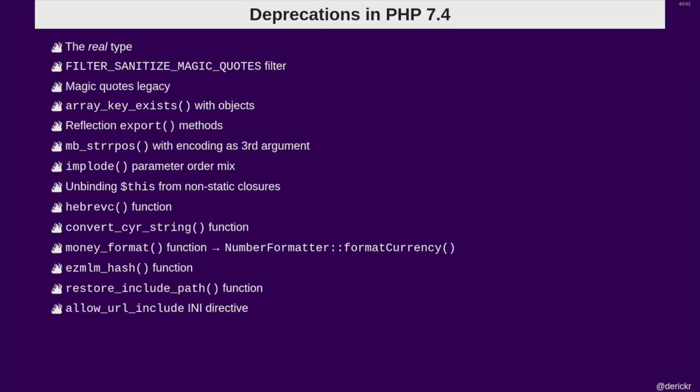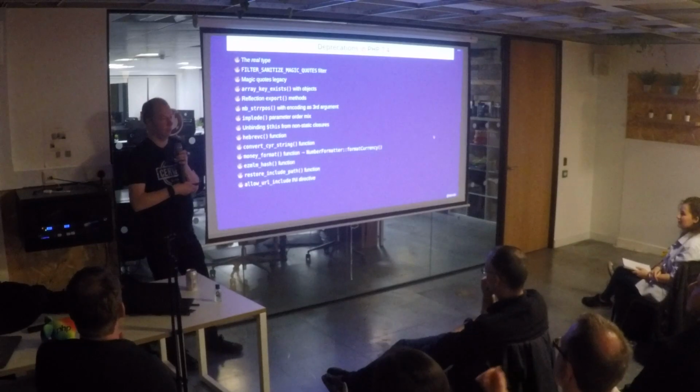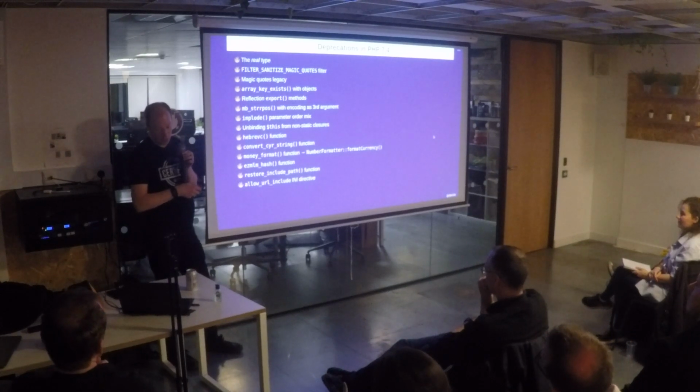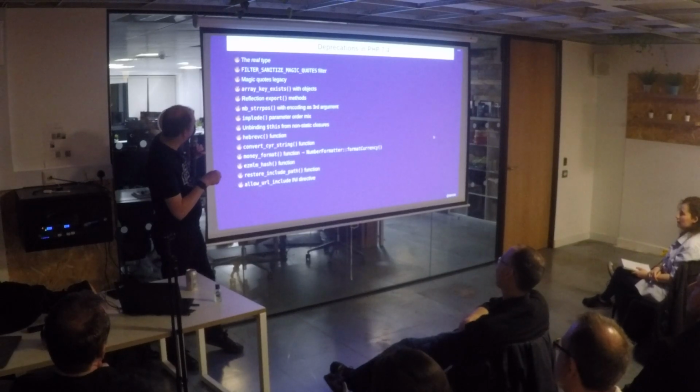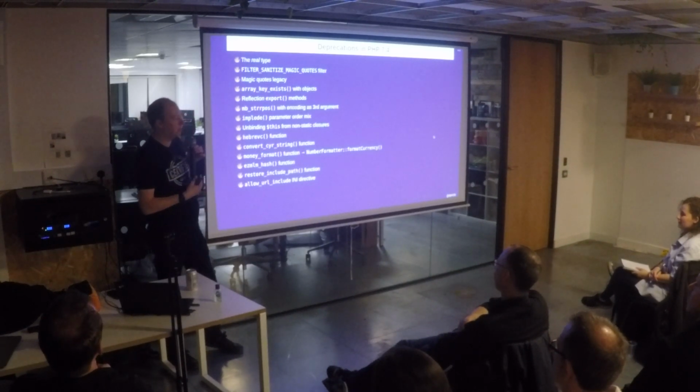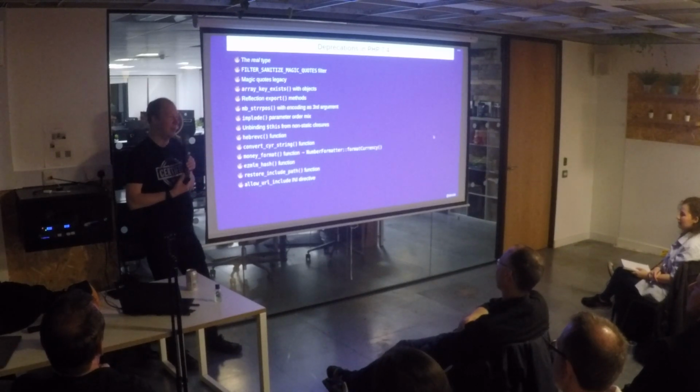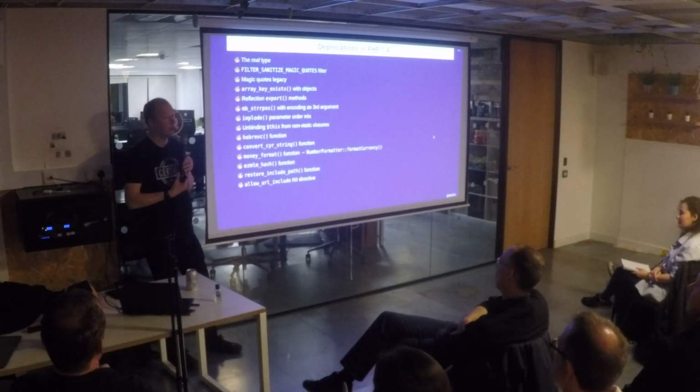We also removed a whole bunch of stuff in PHP 7.4. Removed it or deprecated it. None of this is likely something you're ever going to run into. With the exception of perhaps array_key_exists with objects, because some people have been using array_key_exists like a property_exists with objects, because you could.